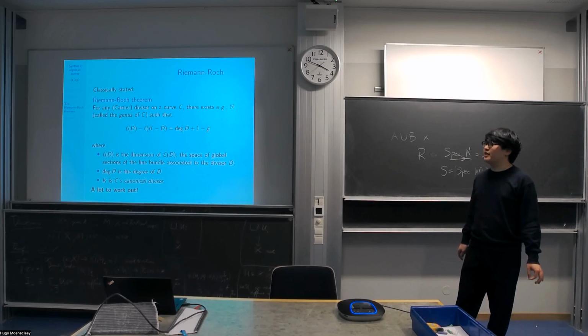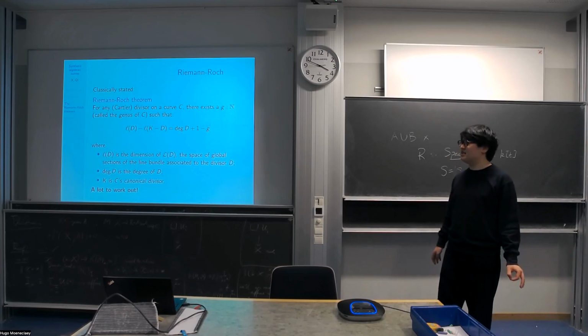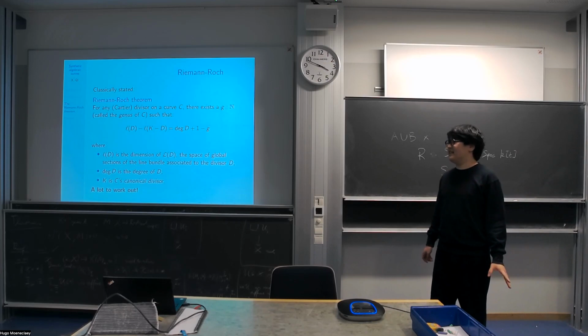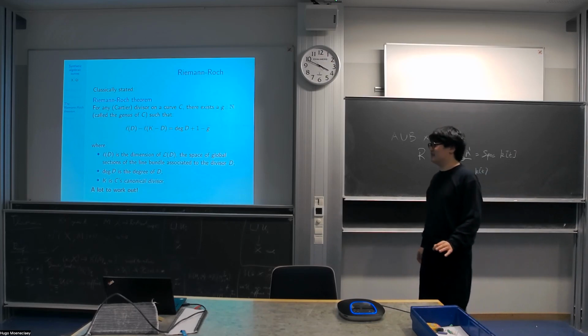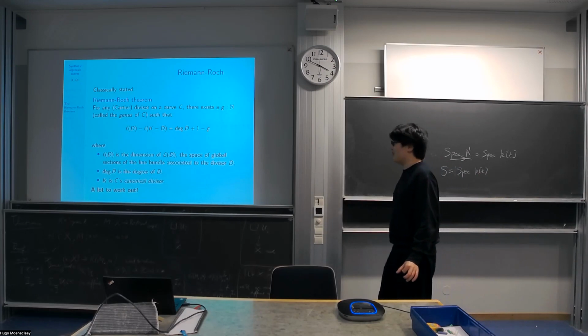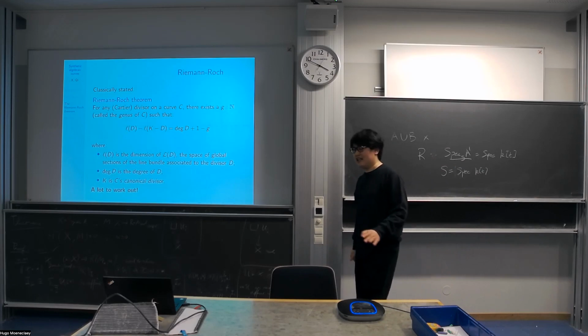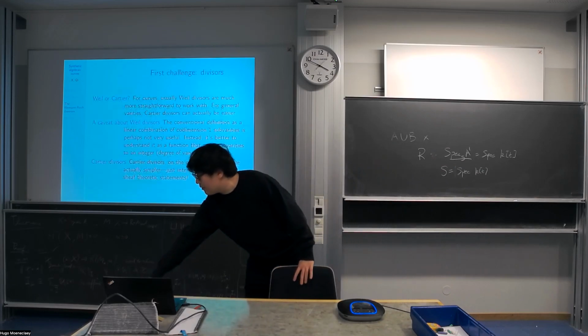L(D) is the dimension of the space of global sections of a line bundle associated to the divisor D, and deg D is the degree of D, and K is C's canonical divisor. So this is a pretty big definition, but I think there's reason to believe that these quantities can all be defined synthetically.